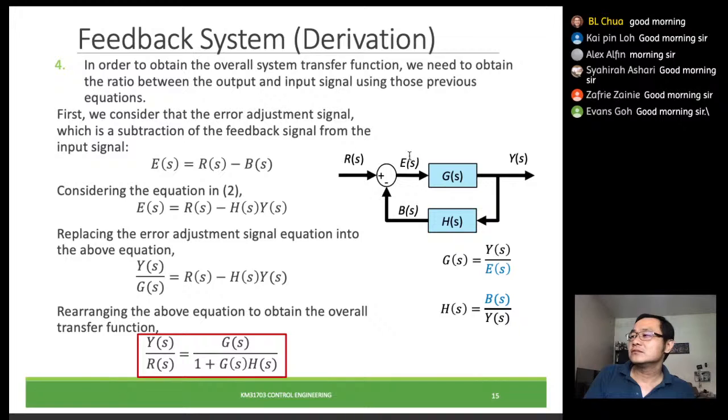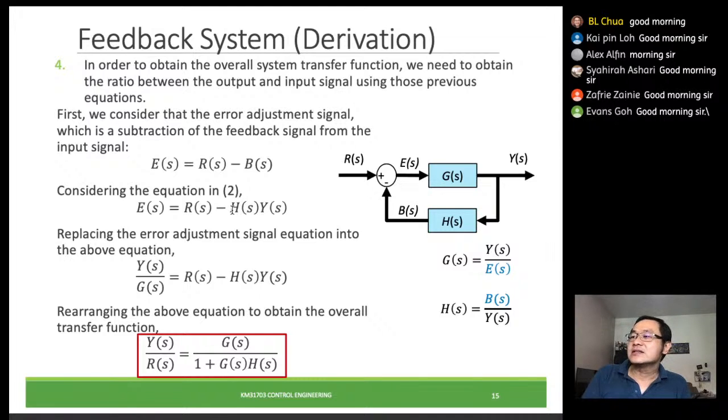So we can see that this error is equal to R minus B. From this form, remember previously we have the relation for the transfer functions of G and H. If we want, we can rearrange to substitute this B out. We use the transfer function such that B equals Y multiplied by H. So we substitute this in, then we get YH.